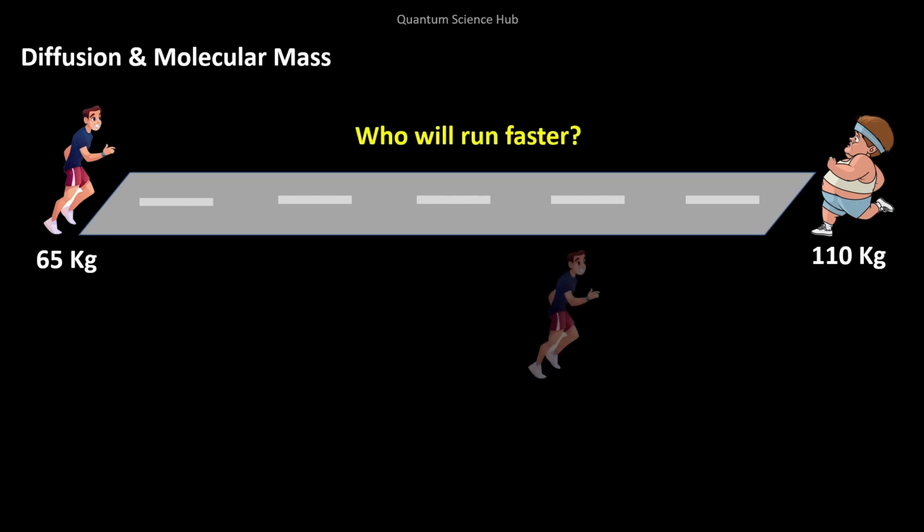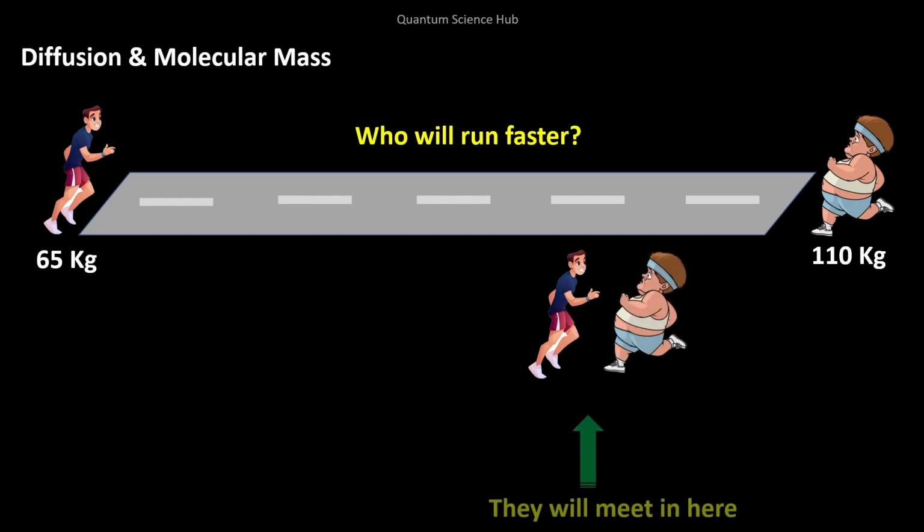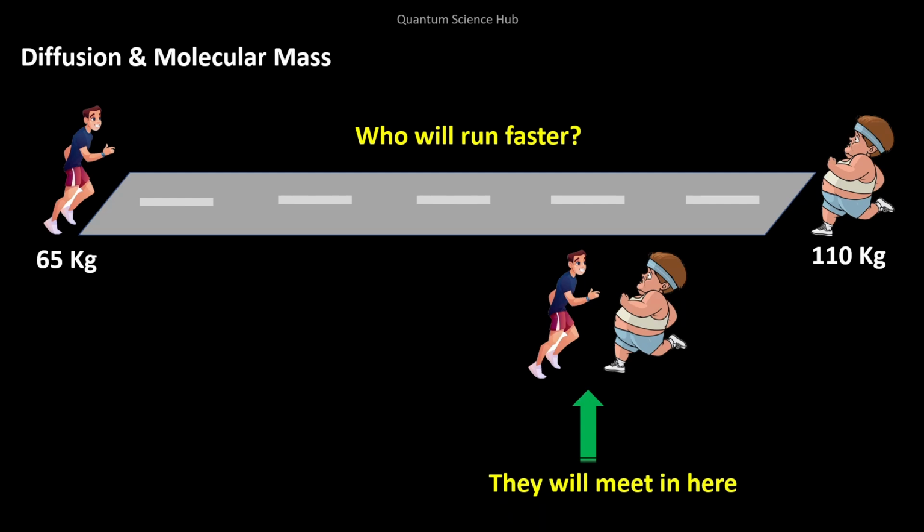Of course, the man with a mass of 65 kg can move more quickly, while the man with a mass of 110 kg runs more slowly. Because of this, when they both start running toward each other, they won't meet exactly in the middle of the road. Instead, they'll meet a little closer to the right side.